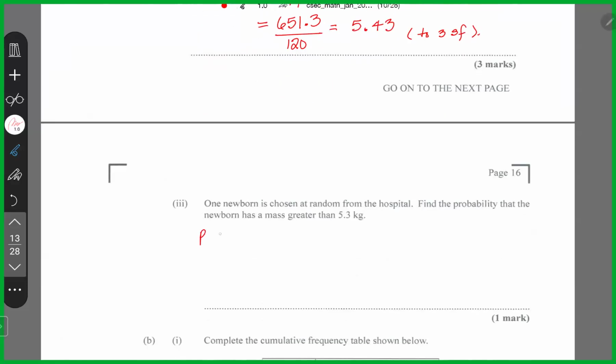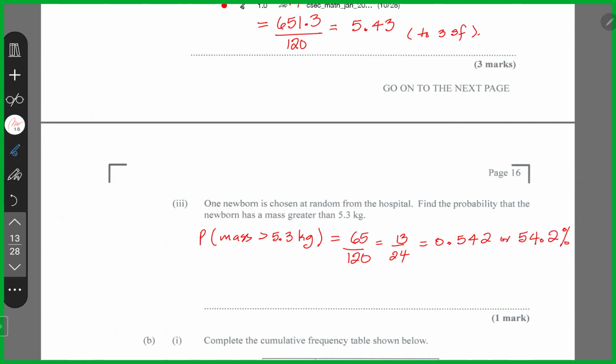So the probability that the mass is greater than 5.3 kilograms is equal to 65 out of 120, which reduces to 13/24. As a decimal, it's 0.542 or 54.2%.